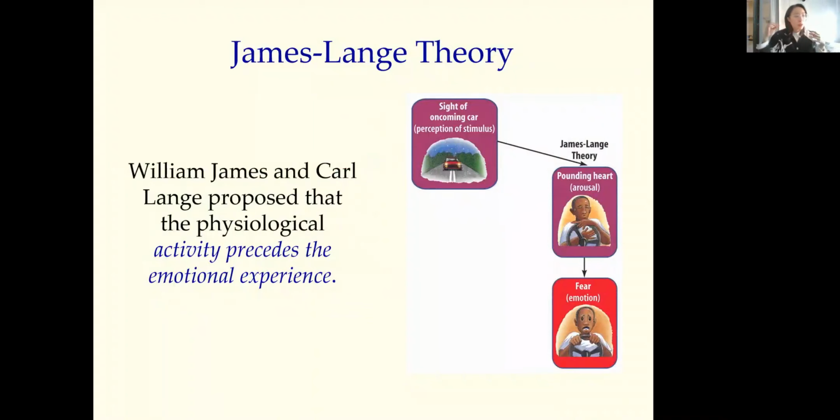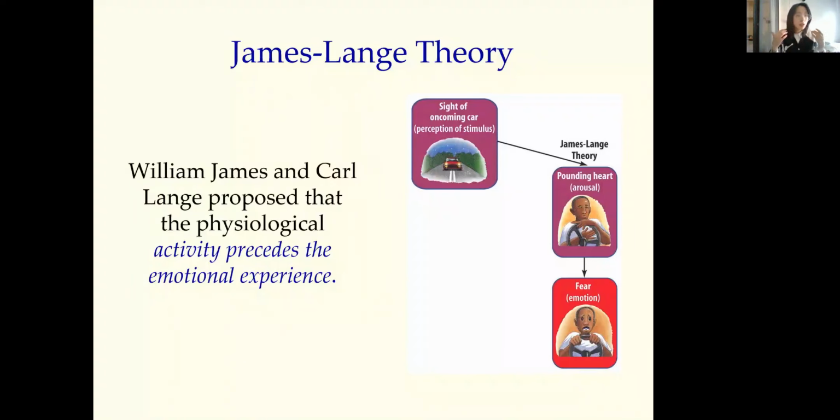Just think of when you encounter some threat in your environment, like an oncoming car on the highway. That's scary, right? It's going to be a car crash. And your nervous system would initiate significant physiological arousal, like our heart beating and our respiration rate increasing.